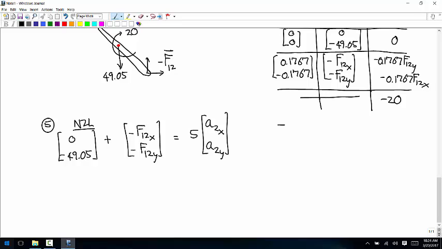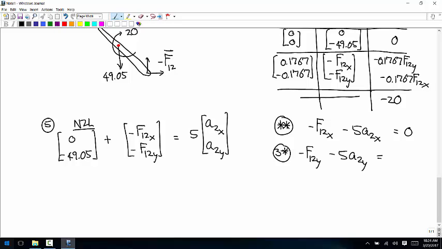That gives us equation double star, which says negative F12x minus 5 A2x is equal to 0. And equation triple star says negative F12y minus 5 A2y is equal to positive 49.05.